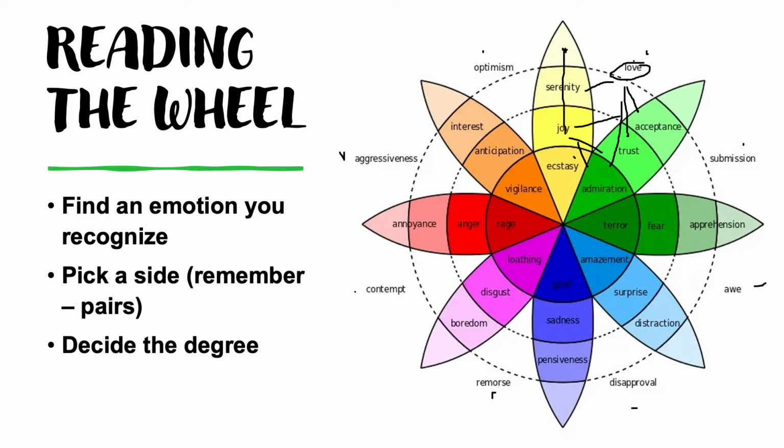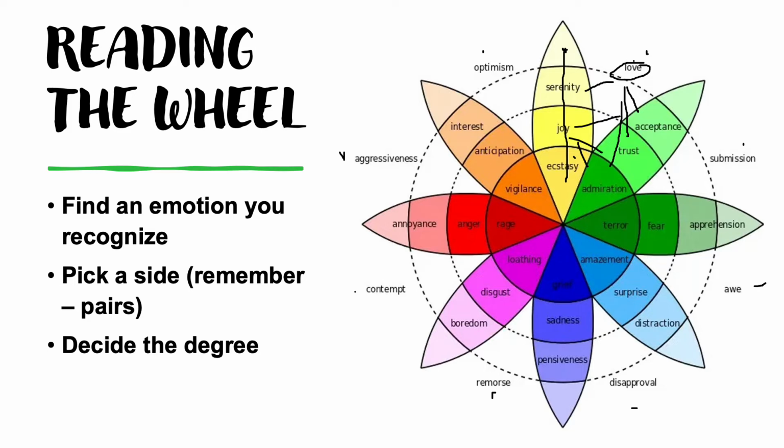But as you move in, the emotions get stronger. So serenity is the idea of feeling peaceful. And then from peaceful, we feel joy. We feel happy. And then from joy, we feel ecstasy. We're ecstatic. We're super excited. We're on cloud 9. So we're going up from something that is very mild to something that is very concentrated and focused.